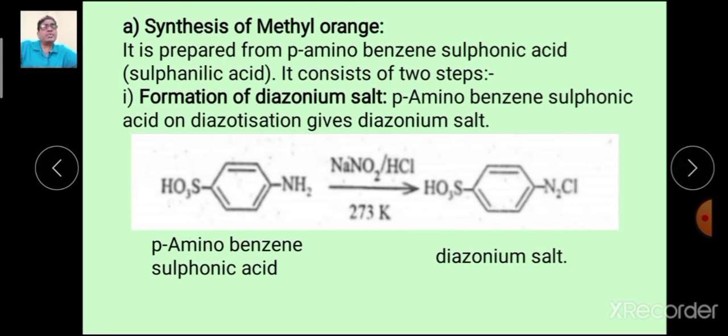Para-aminobenzene sulfonic acid on diazotization with NaNO2 and HCl at 273 Kelvin temperature gives the diazonium salt. Now this is used further.